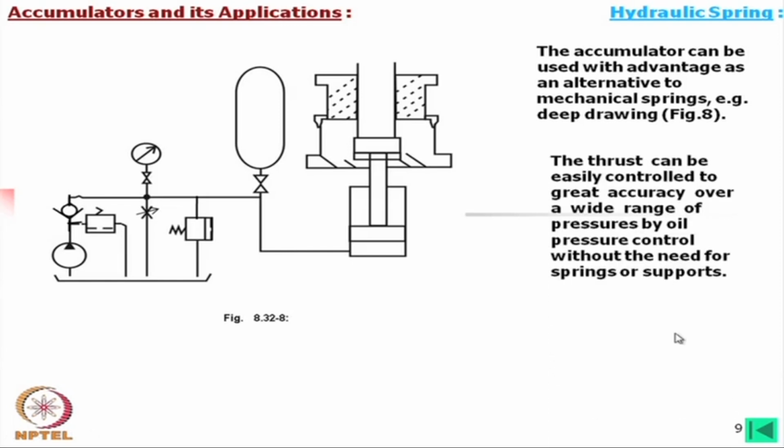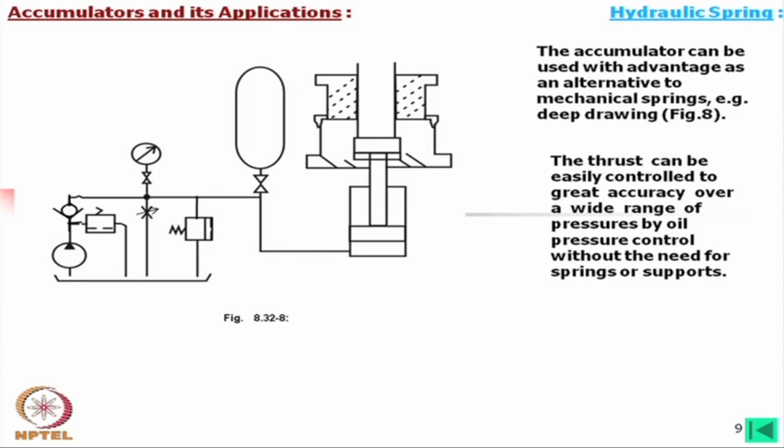The thrust can be easily controlled to great accuracy over a wide range of pressures by oil pressure control, without the need for springs or supports. This means, in the case of a mechanical spring, you cannot change the spring constant.